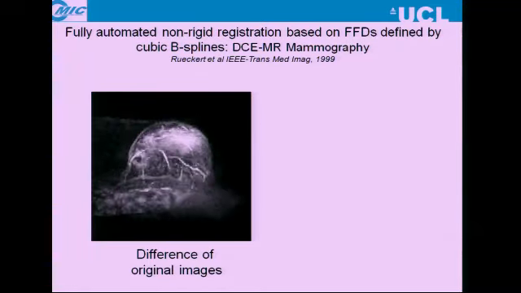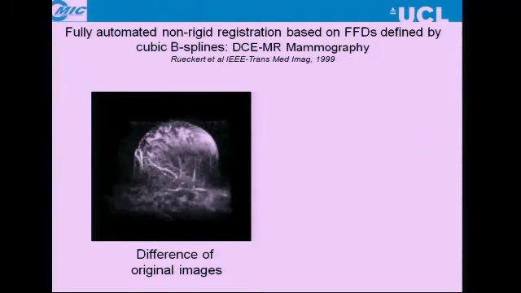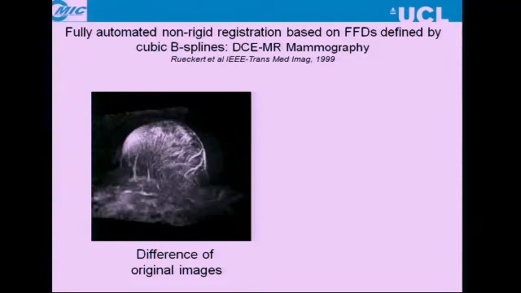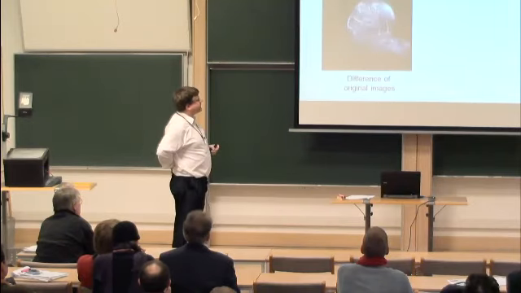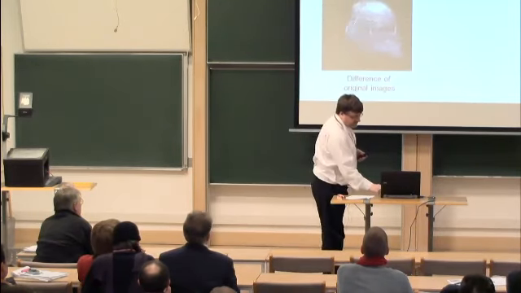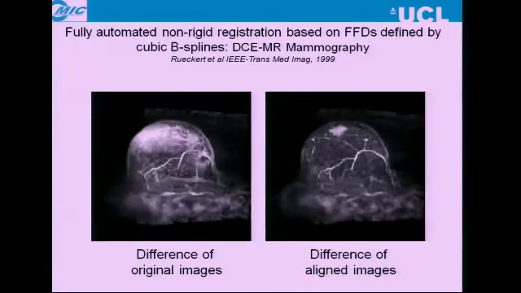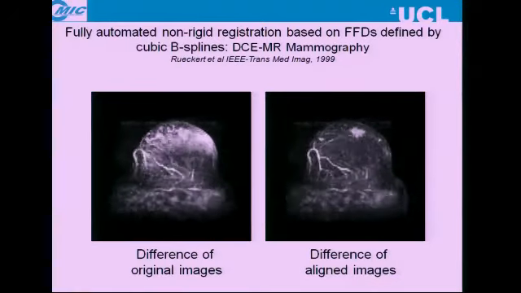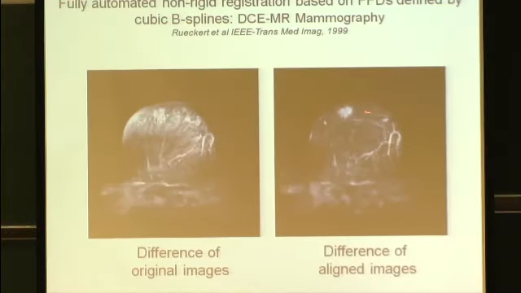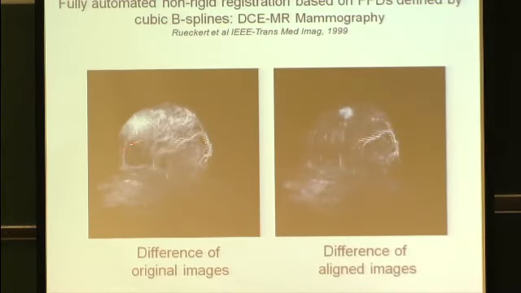This is simply serial investigations of the same breast volume, but because in between the scans the coordinate system is not consistent, when we subtract them we see quite a lot of noise. If they're registered and subtracted, you see the presence of this tumor is much more apparent. You can see it here, but it's distorted by this misregistration information.